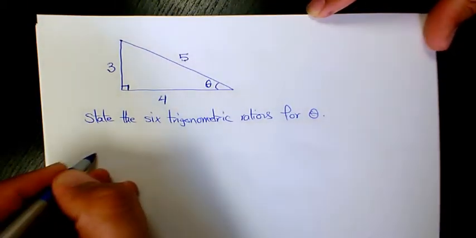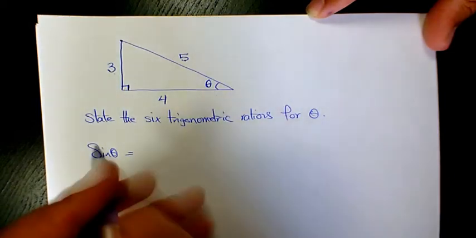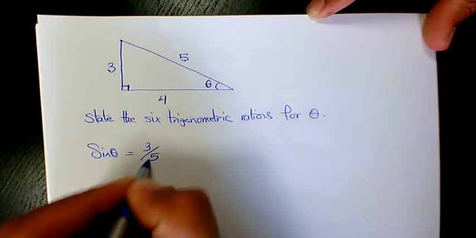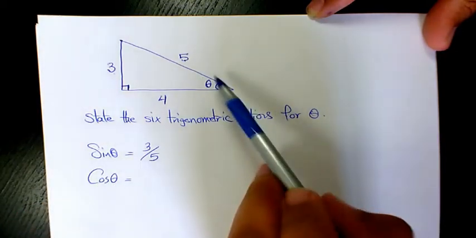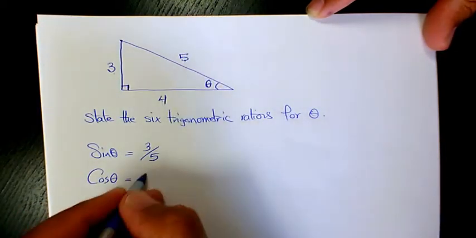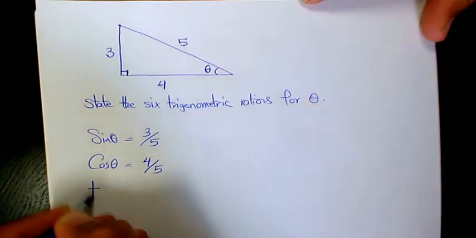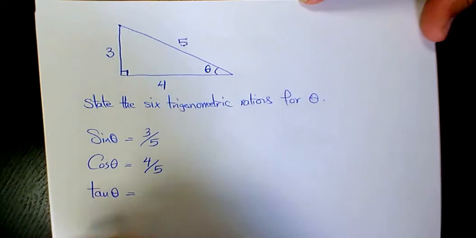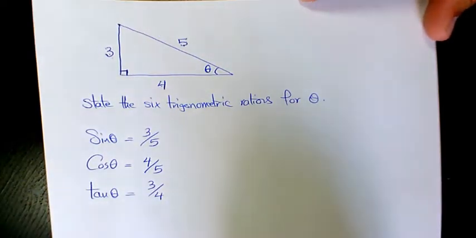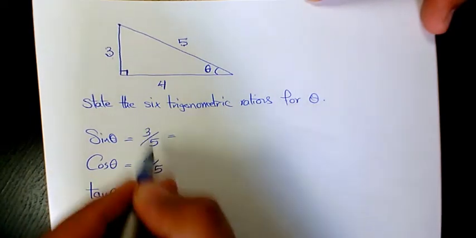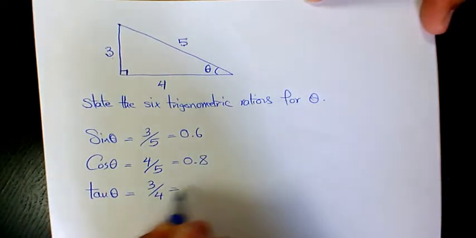So we're going to have sine theta, that's opposite over hypotenuse, 3 over 5. We have cosine theta, that's adjacent over hypotenuse, 4 over 5. Then we have tan theta, opposite over adjacent, 3 over 4. We can even write it in decimals, 0.6, 0.8, 0.75.